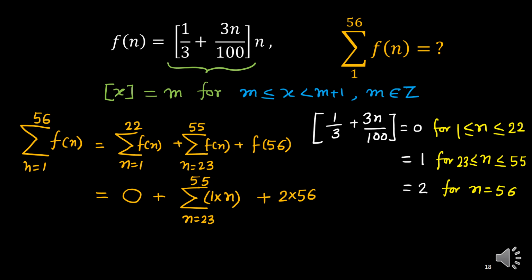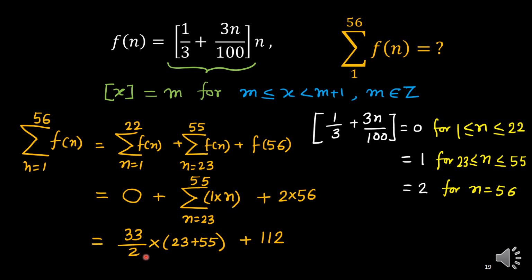And that summation we can compute as this one. This is your number of terms. How many numbers are there? 33, I have said, by 2 times first and last. First is your 23 and this is your 55. So 23 plus 55. And second one is 2 times 56, which is 112.